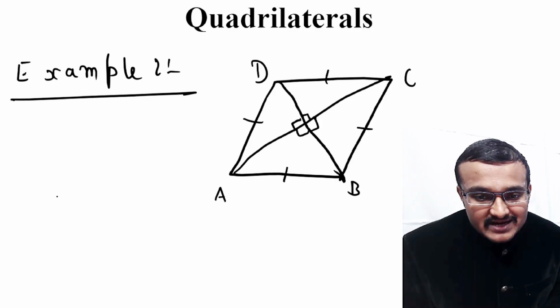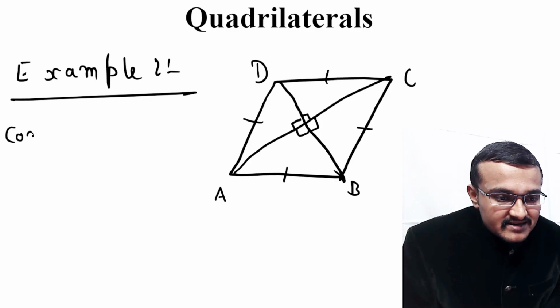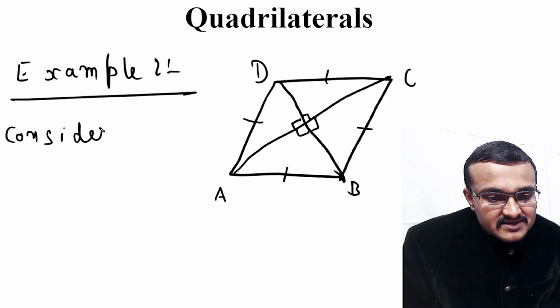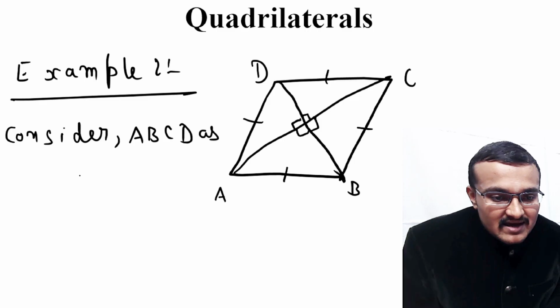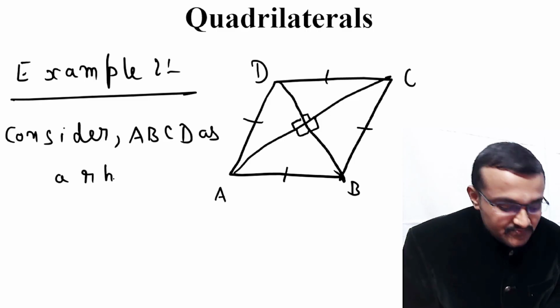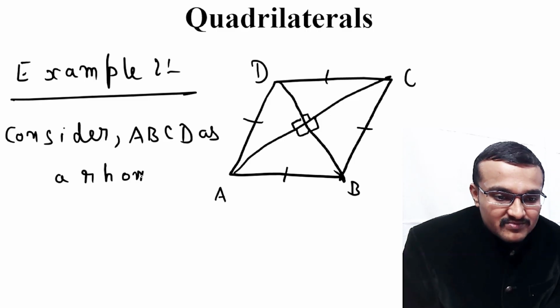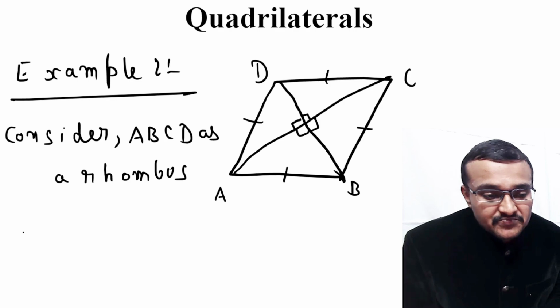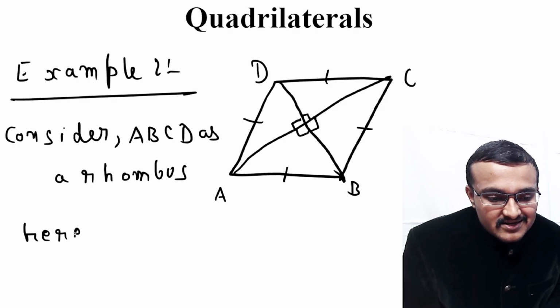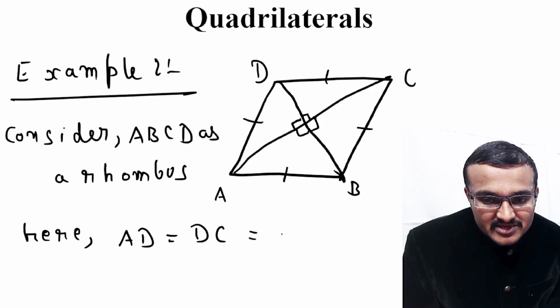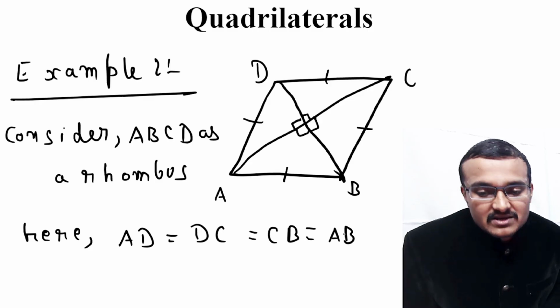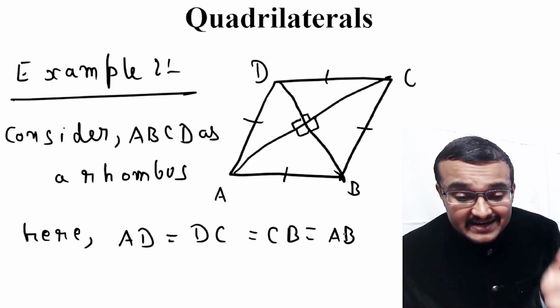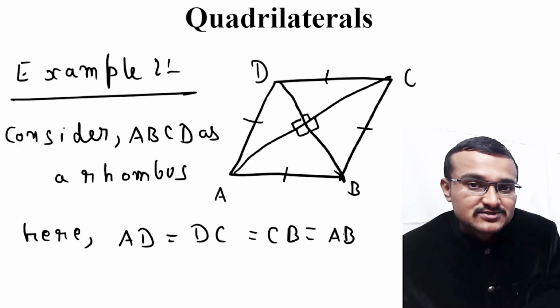In order to prove that, consider ABCD as a rhombus. Since this is a rhombus, AD is equal to DC is equal to CB is equal to AB.